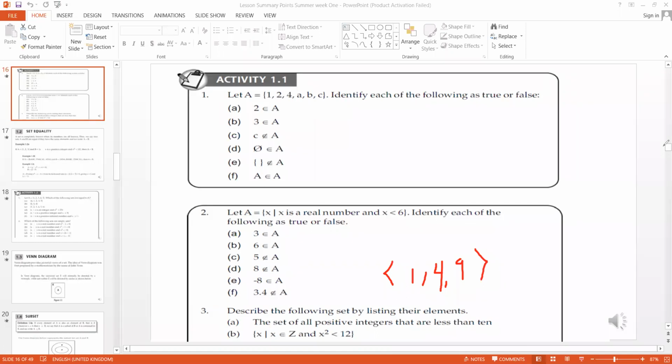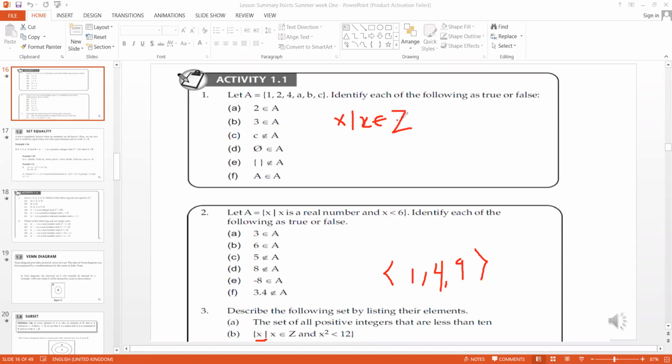So from the explanation, here we are told we have a set X. The set is what? X, such that X belongs to the set of what?